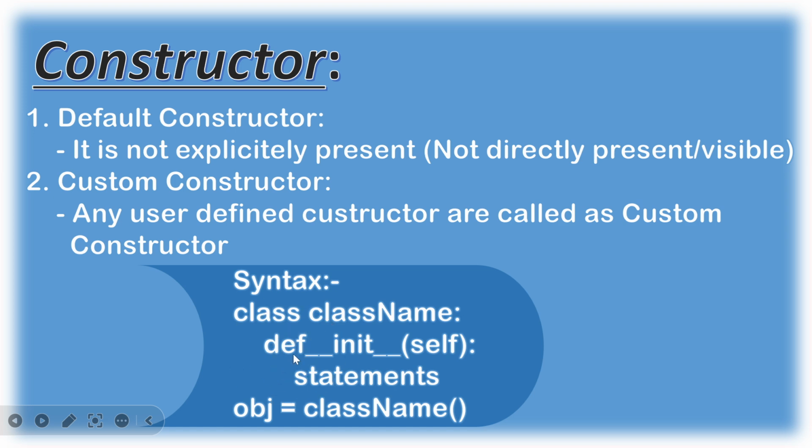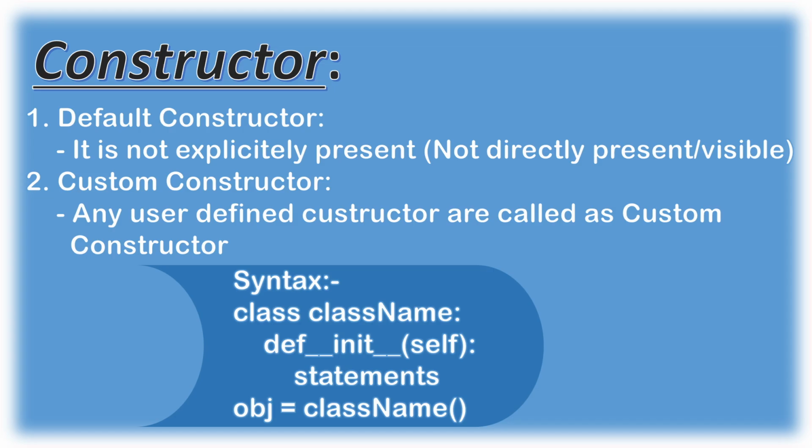You can see here def keyword, underscore underscore init underscore underscore, then self, and then colon. Once you hit enter, it will take you to the next line with one tab space and then you can write your logic. Next you can create the object and run the execution.